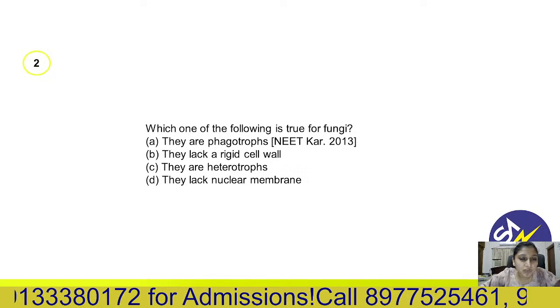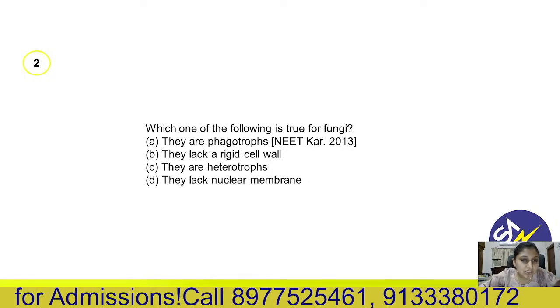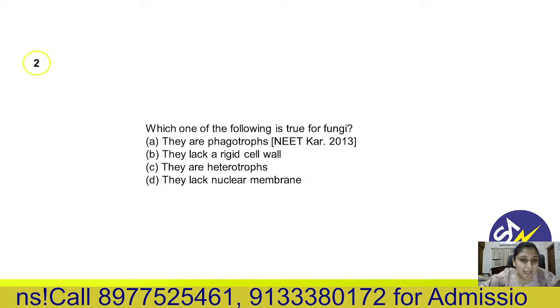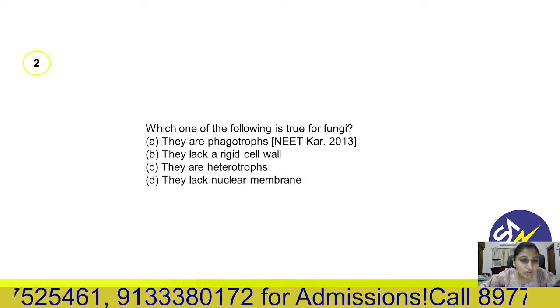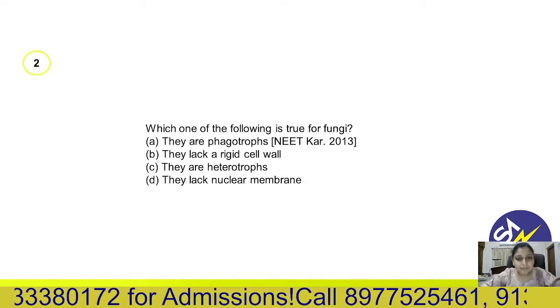Next question, which one of the following is true for fungi? They are phagotrophs. They lack rigid cell wall. They are heterotrophs. They lack nuclear membrane. Which is true for fungi?